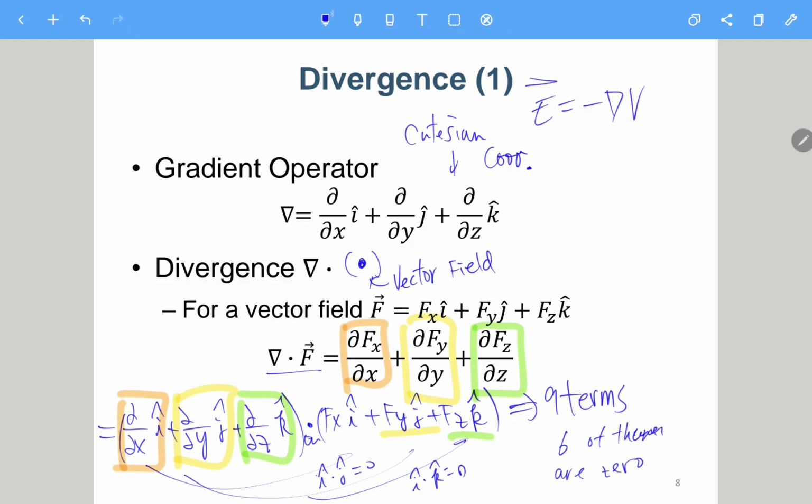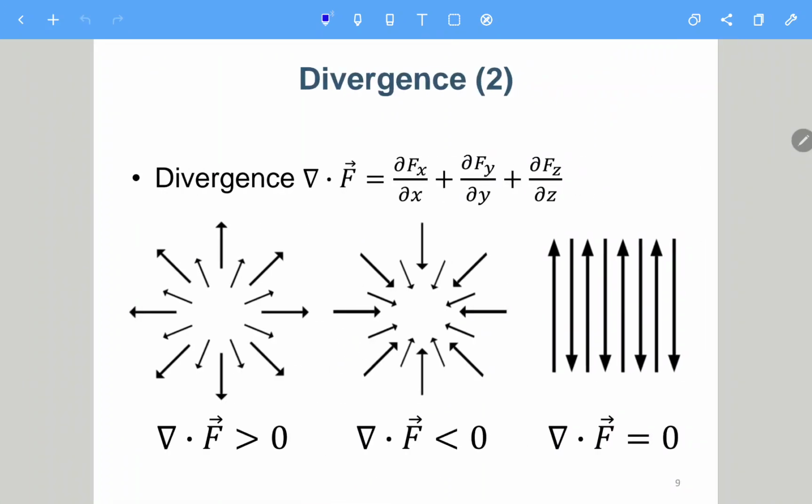So this is the divergence operator. What is its physical meaning? The divergence operator tries to consider the vector field. Remember, this is the vector field. The vector field means that in the whole space, F is a vector.